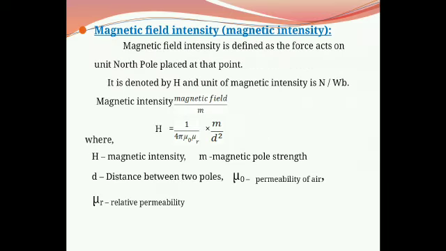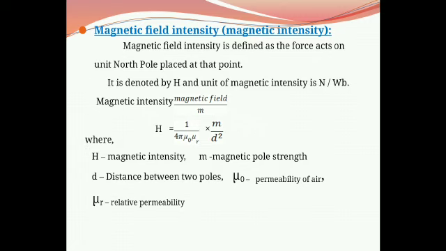Then how can we find the magnetic field intensity, or in short it is also called magnetic intensity. This magnetic field intensity is defined as the force acting on a unit north pole placed at that point. And this magnetic field intensity is directly proportional to the magnetic pole strength, and it is inversely proportional to the square of the distance from that magnet.